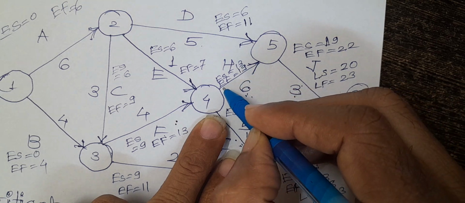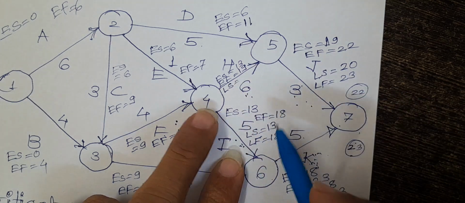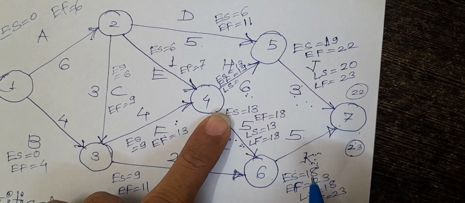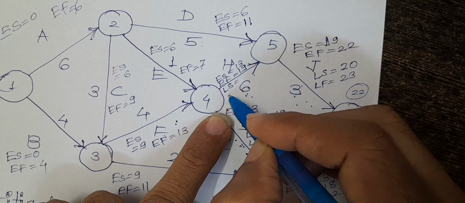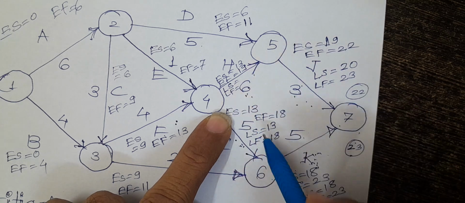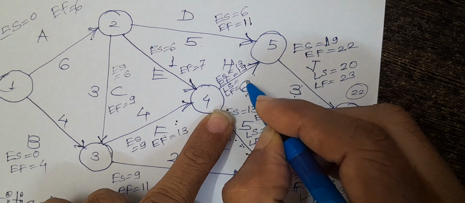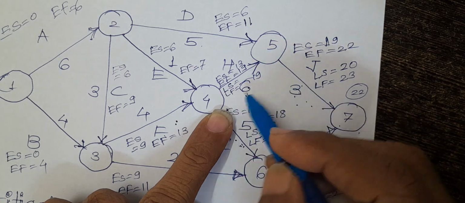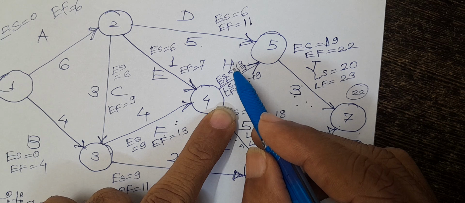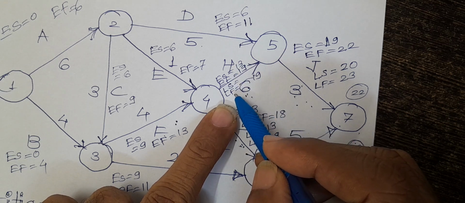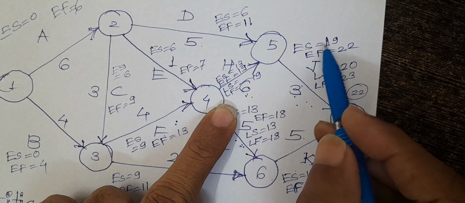Now we have to calculate latest start and latest finish for activity H. Latest finish for this activity is the latest start of the next activity, so it is 19.